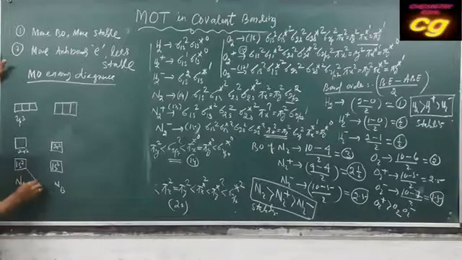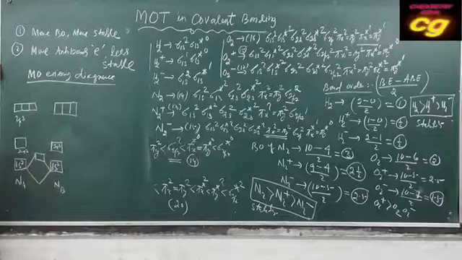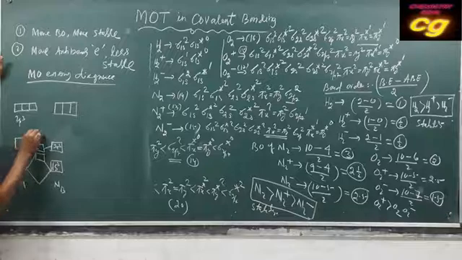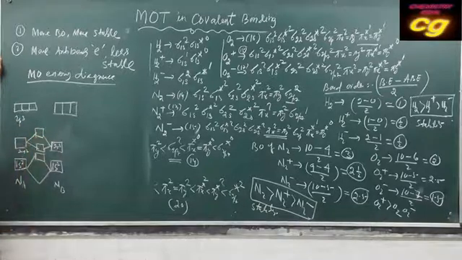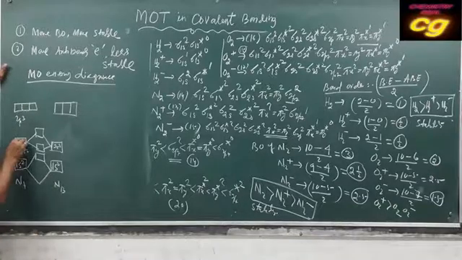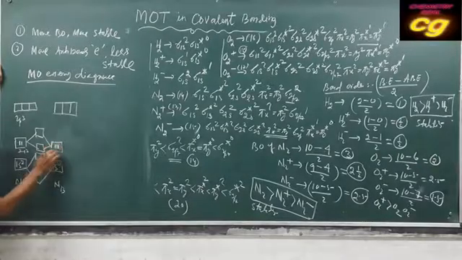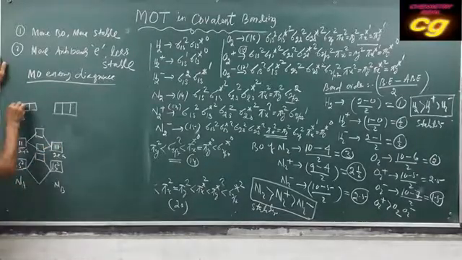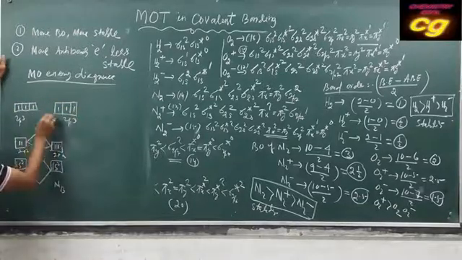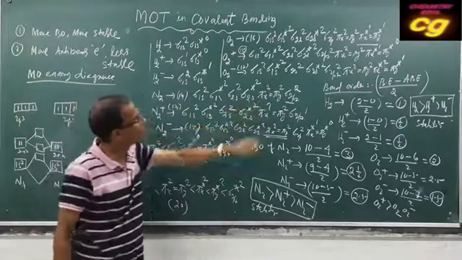1s combined produce bonding and antibonding. Then this one also produces bonding and antibonding, and this one also produces bonding. How many here? 3, each having two electrons. 2s2, here one electron, 2p3. So which bonding will come first? That is pi.